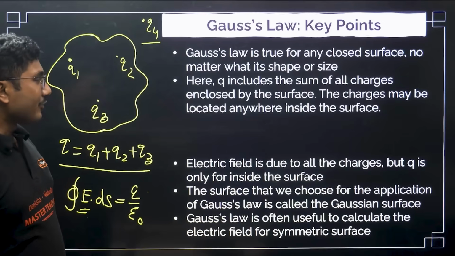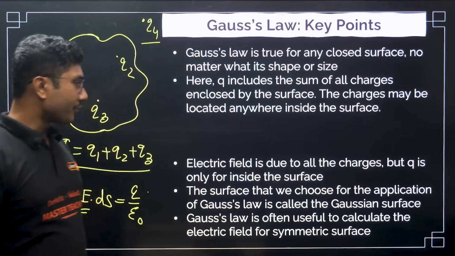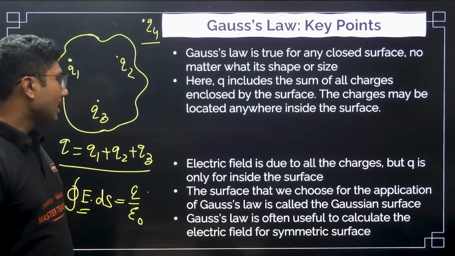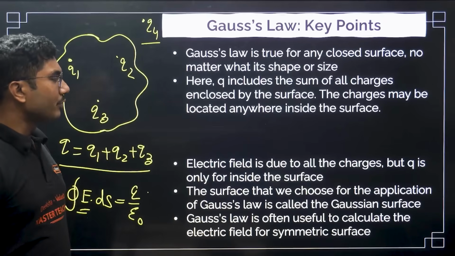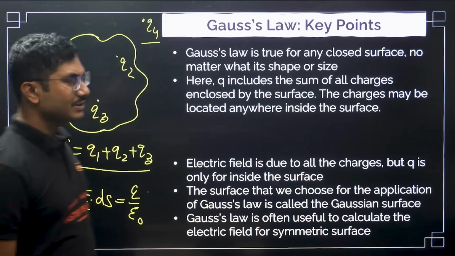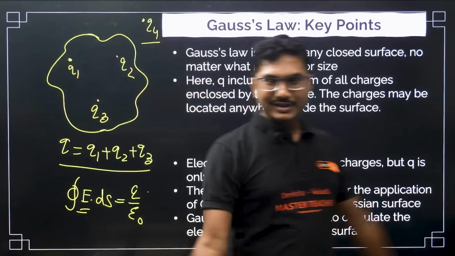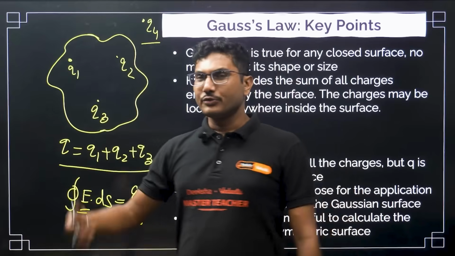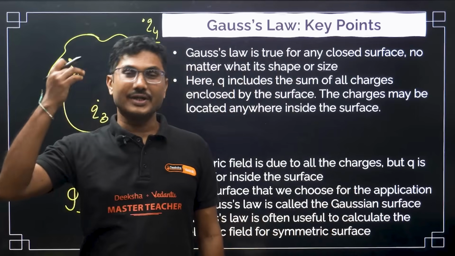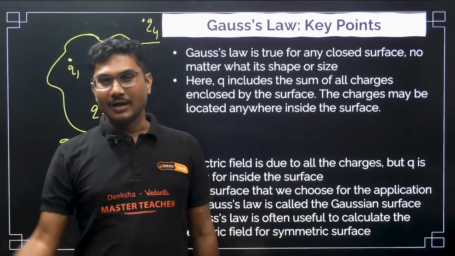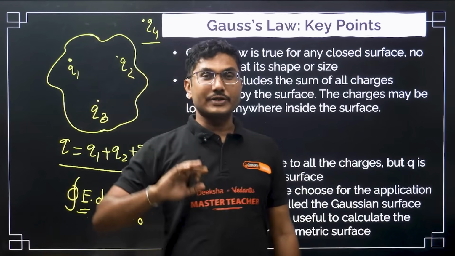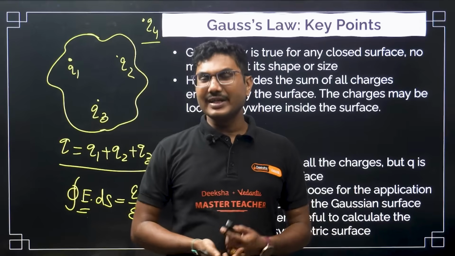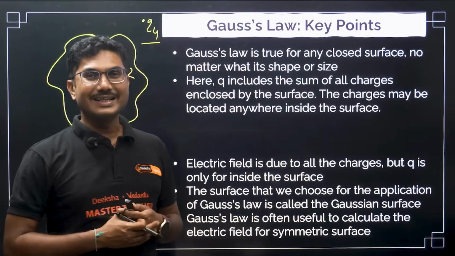The surface that we choose for the application of Gauss's law is called the Gaussian surface. Gauss's law is often useful to calculate the electric field for a symmetric surface, because integration is involved. If you see any kind of integration, a uniform or symmetric surface is very essential to solve that integration quickly.